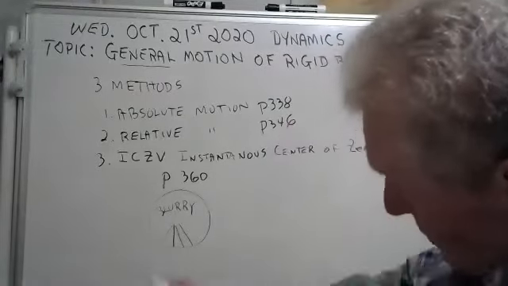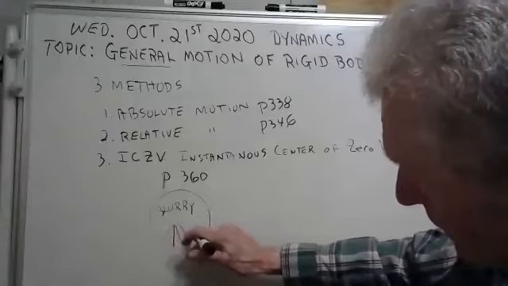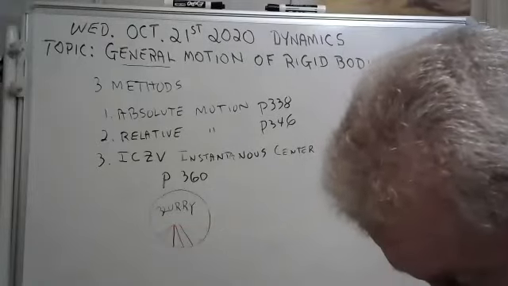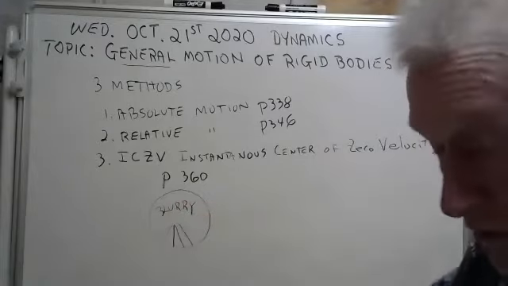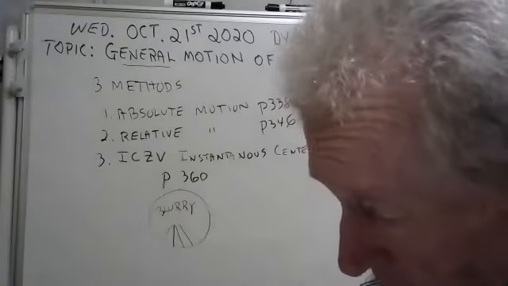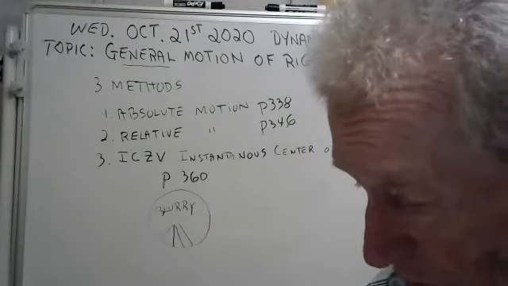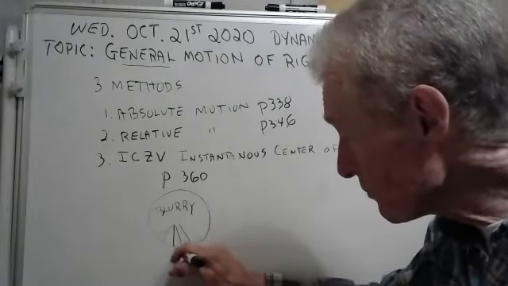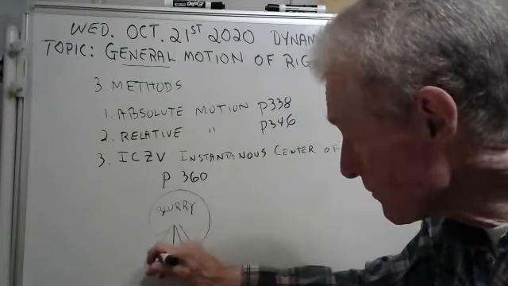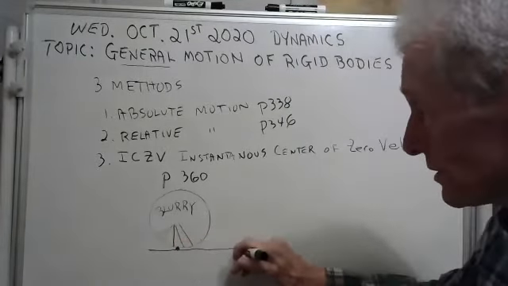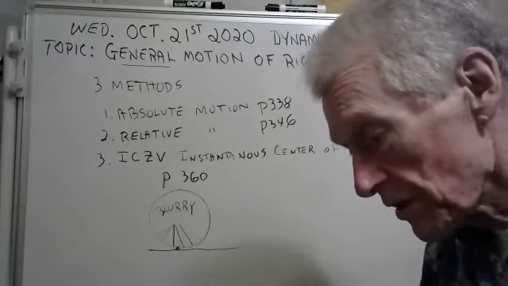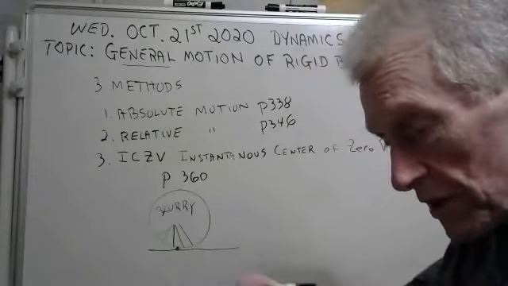You can see some of these spokes down here. Maybe you can make out one here and maybe one here. But you can't see these spokes here. You know why? Because those spokes are going faster. The instantaneous center of zero velocity is right here because the tire is on the road there, and it's not slipping or sliding.